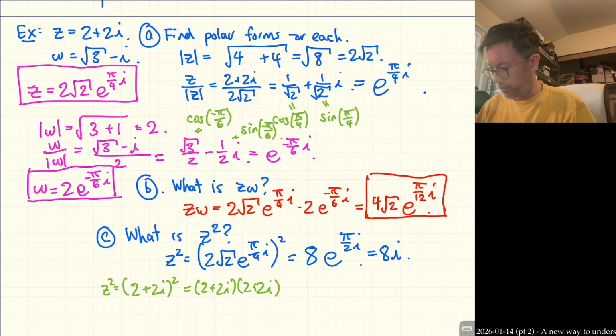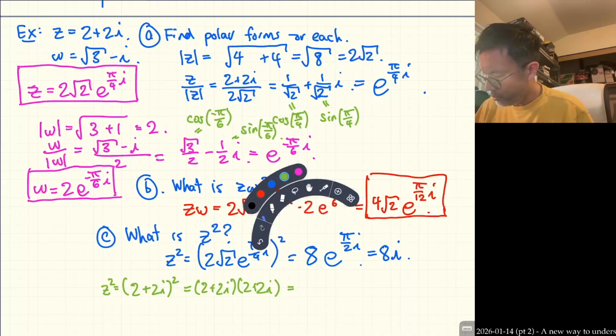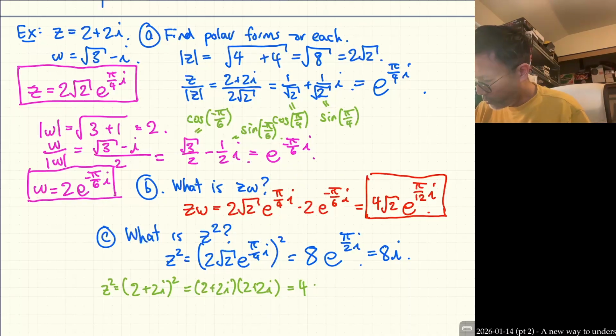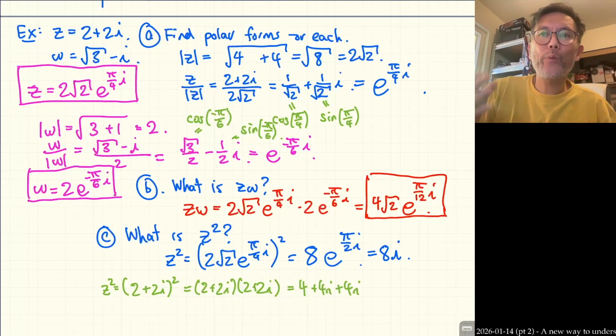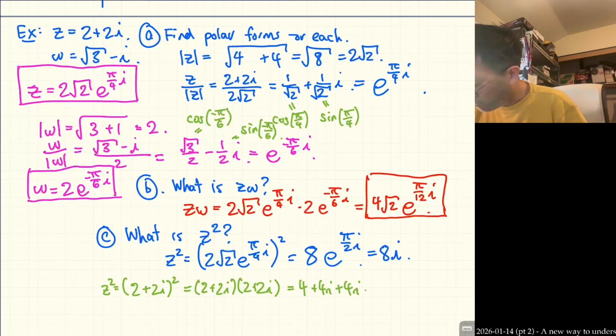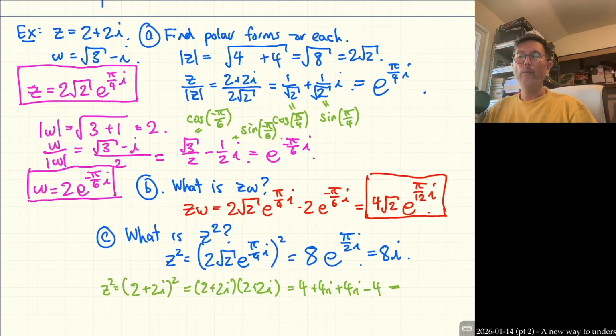And then we expand this. We get 4 plus 4i plus 4i, and then 2i times 2i, that's 4i squared. But don't forget i squared is negative 1, so this is minus 4. The 4 and the negative 4 destroy one another. The 4i and the 4i, even though they're identical twins, they get married, and they become an 8i.